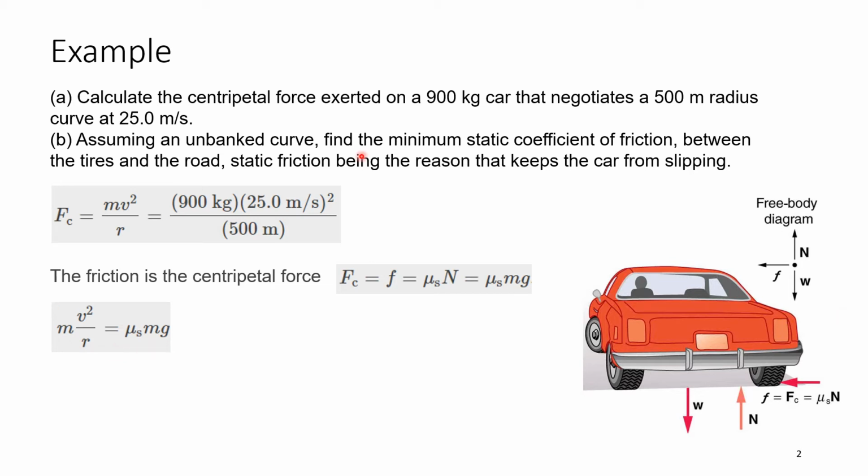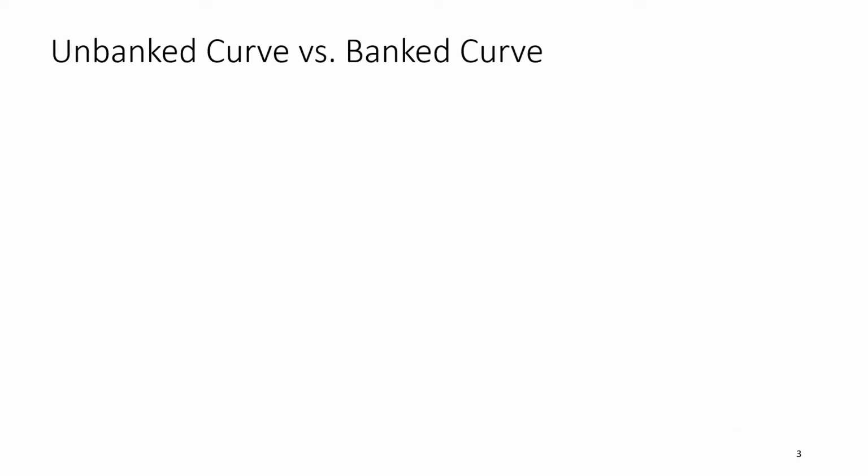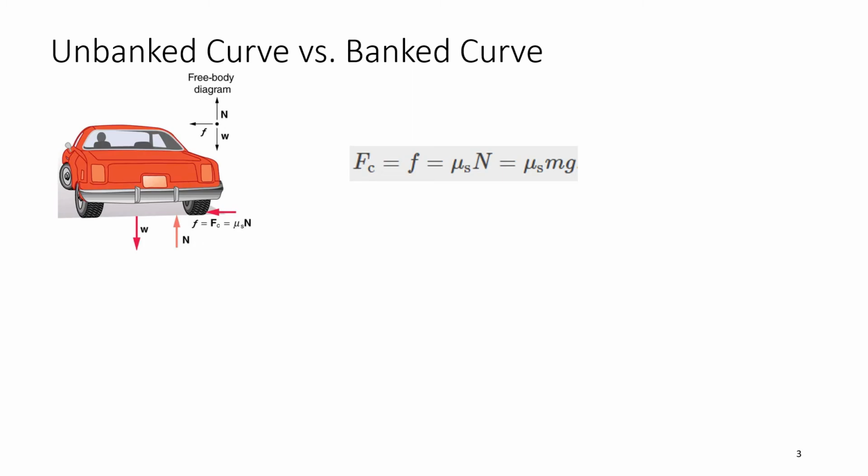So for the coefficient mu s, we have mu s equals v squared over r g, which equals 0.13. We have just learned from the example that for an unbanked curve, since the friction is the only horizontal force acting on the car, it is the same as the centripetal force.